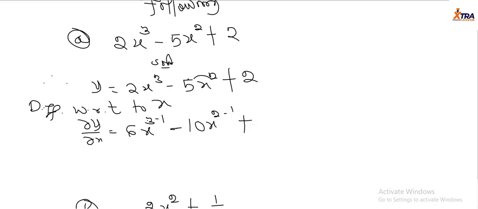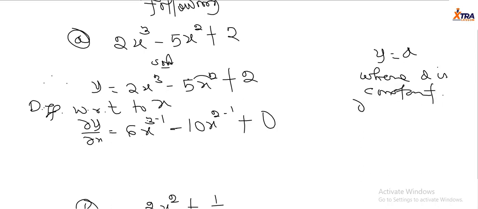So differentiation of a constant will give you 0. So when you differentiate y equals a, where a is a constant, dy/dx will equal 0.